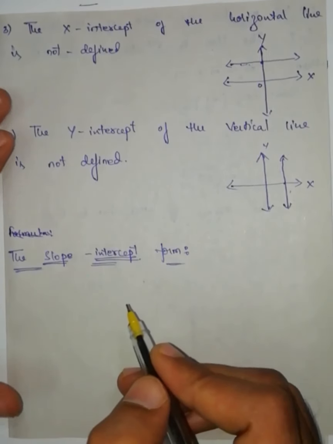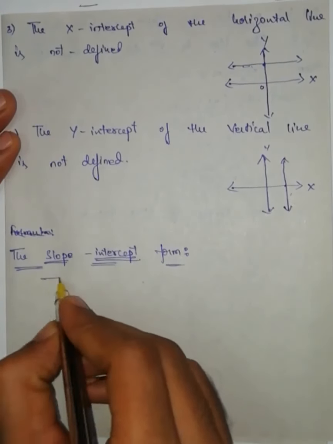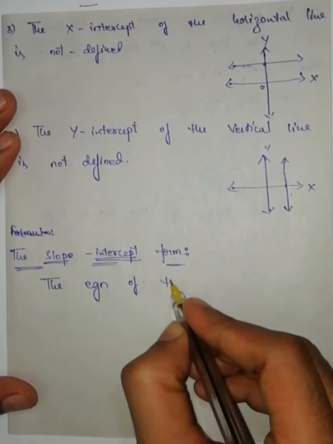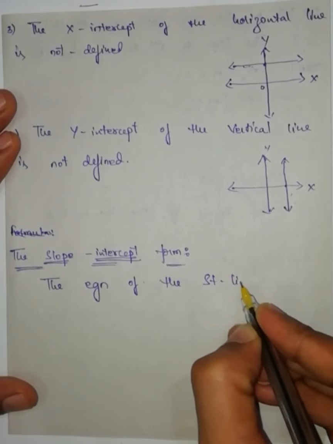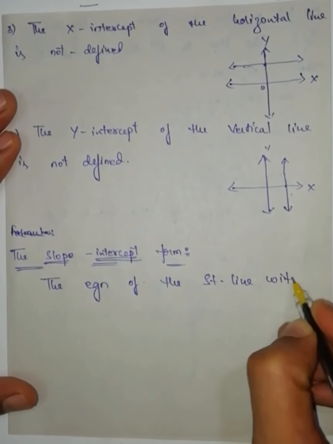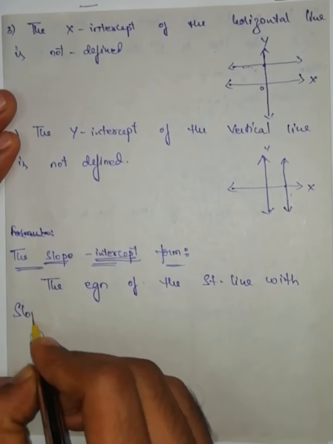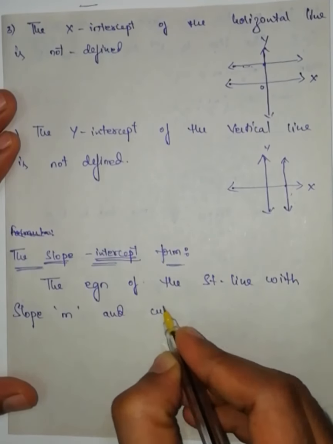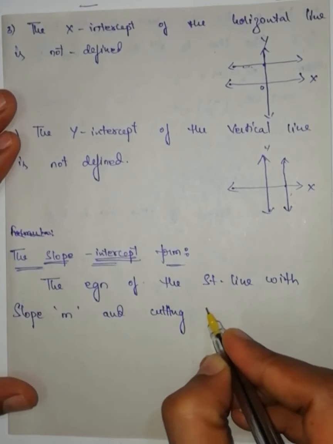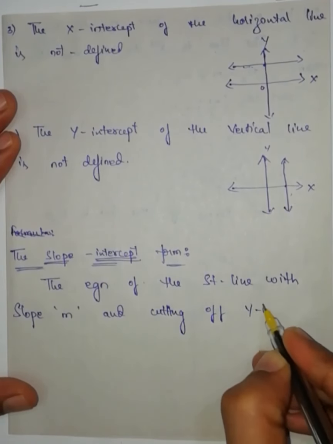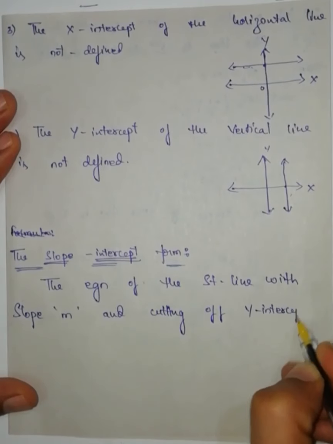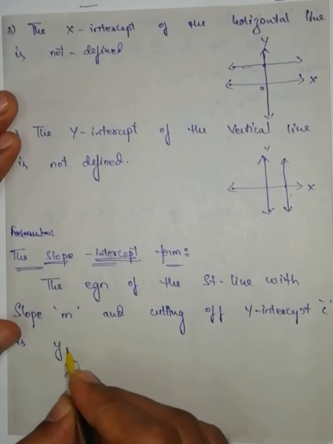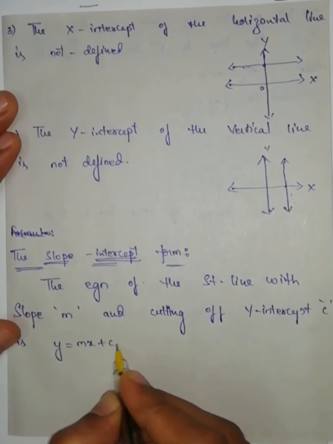Now the slope intercept form. The equation of the straight line with slope m and cutting off y-intercept c is y is equal to mx plus c.